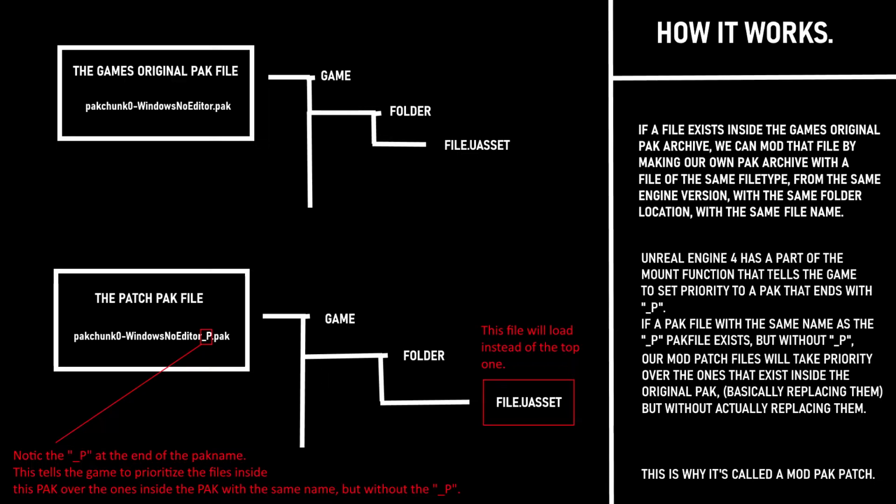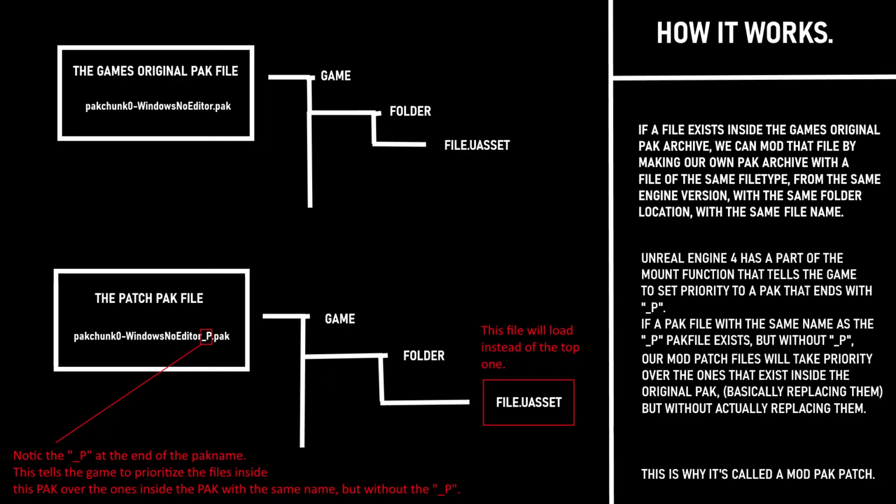Now, if you look in front of you, I will have a picture on the screen, and on the top to the left there, you'll see a graphical explanation of a container, or pack, so the game's original pack file, which is called packchunk0-WindowsNoEditor.pak.